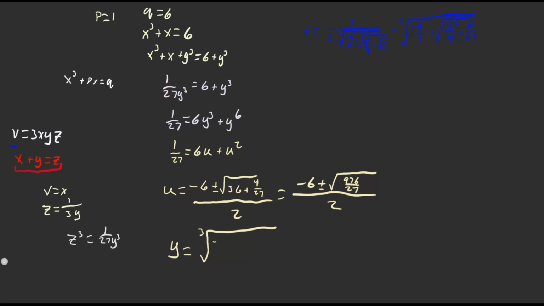We have to do -6 over 2 plus or minus the square root of 976 over 27, all divided by 4, since we're just fitting the 2 inside the square root. And just doing that, we will get 244, which is what's going to be inside of our square root.